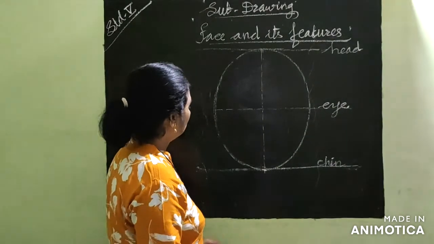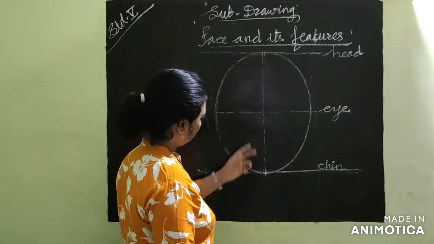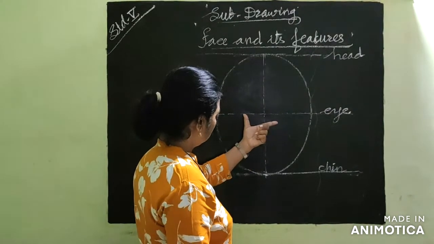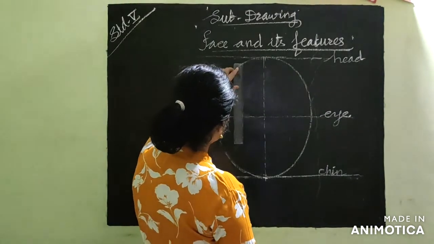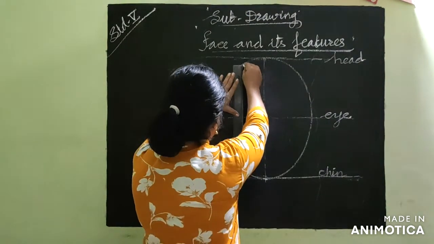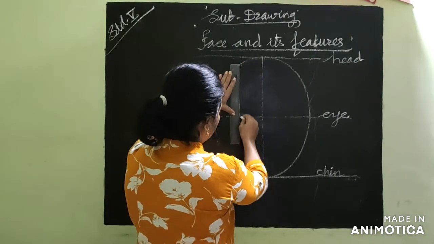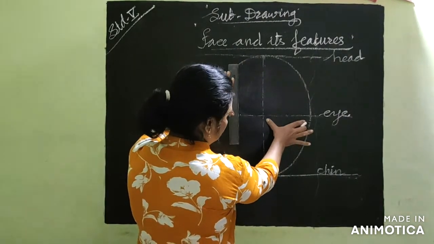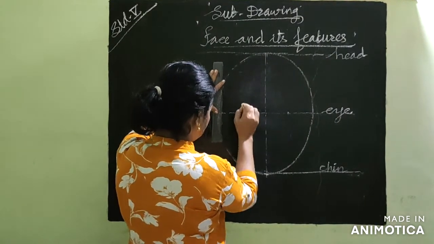Now, what's this oval shape? We have to draw the eyes here. For that, let's divide it again into equal parts. This part equally, this part equally.